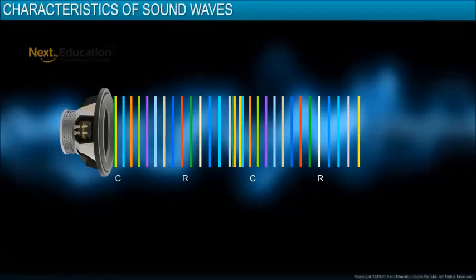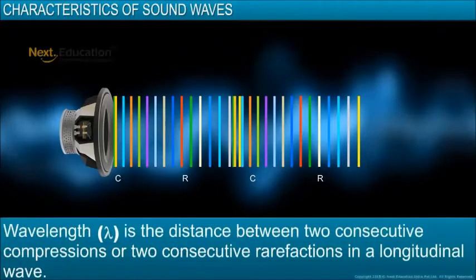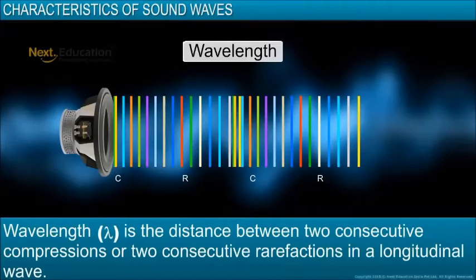The length of a single wave is called its wavelength. In other words, wavelength is the distance between two consecutive compressions or two consecutive rarefactions. It is denoted by the Greek letter lambda.